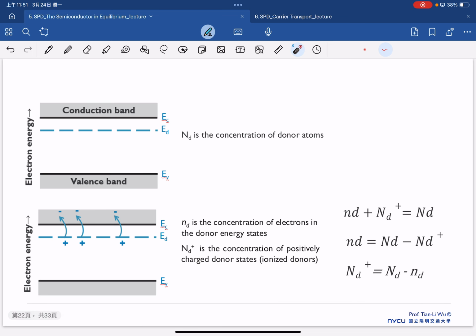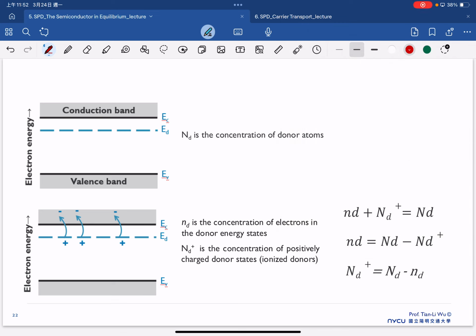Okay, so the next one is that we are interested in the case where we can consider the ED, which will be the donor energy level. And then we have the ND, the concentration of the donor atoms. Let's try to put some numbers here to get some sense.